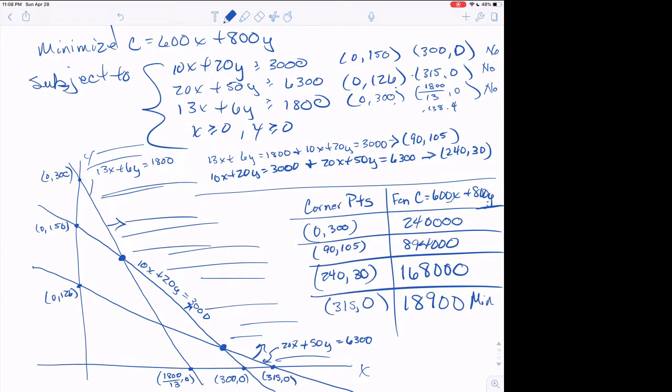All right, so what that tells me is that the minimum cost is 189,000 when I have 315 drapes that are made at location 1 and no drapes are made at location 2.